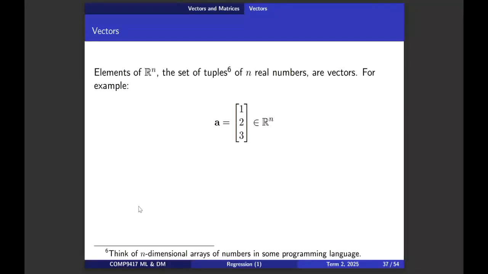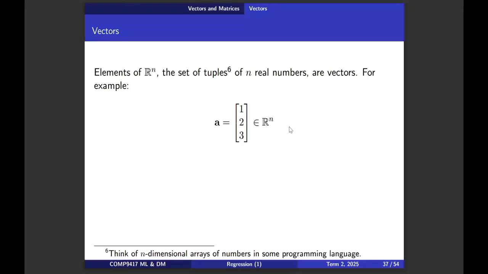So a vector is an element. In this course we'll just assume that all vectors are real valued vectors. This math notation just means real numbers, so it's R to the n, or R^n is just what people say.